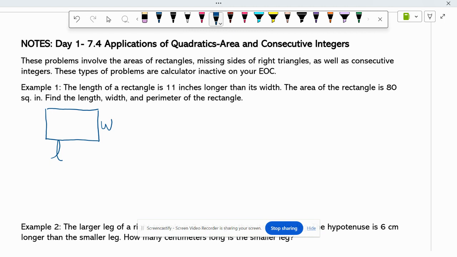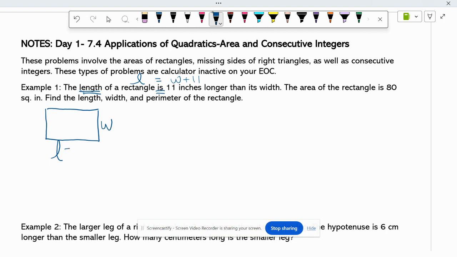Okay, it says the length is 11 inches longer than the width. The word "is" means equals in math. So L equals, how do I show 11 inches longer than the width? W plus 11.